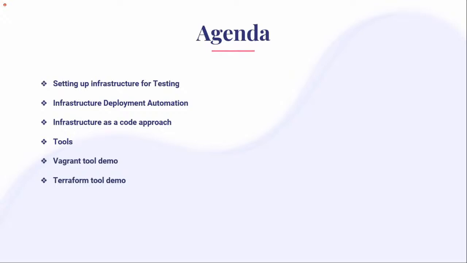Infrastructure deployment automation is the key today. We will talk about that. What is the approach? The approach would be the infrastructure as code approach. Okay, and then we'll look at the tools which are common, and we'll cover two of the tools today, which are Vagrant and Terraform. Okay.